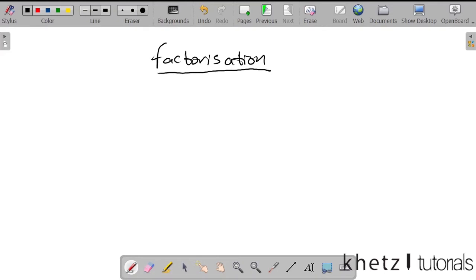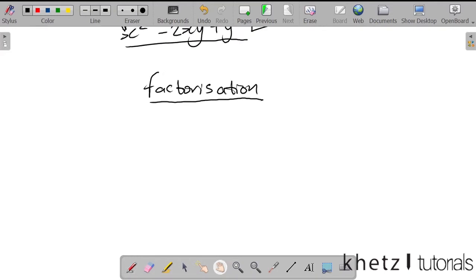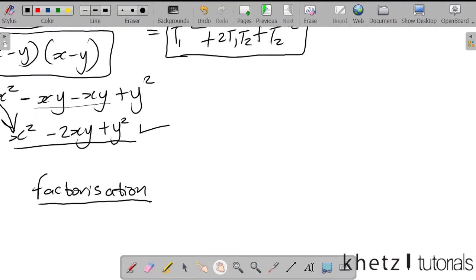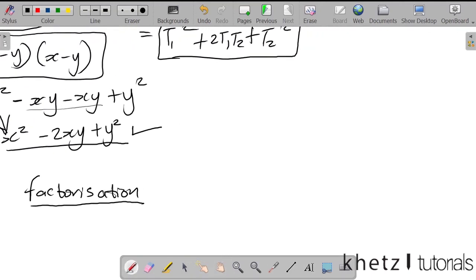Before we move on to that, I just want to once again bring you to something which you should know. If you have term 1 squared subtract term 2 squared, then you have a difference of squares, and the result of this would be term 1 subtract term 2 multiplied by term 1 plus term 2.